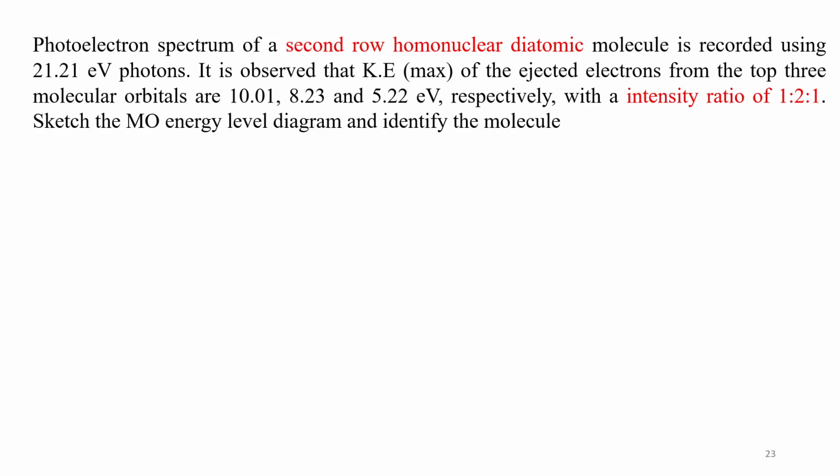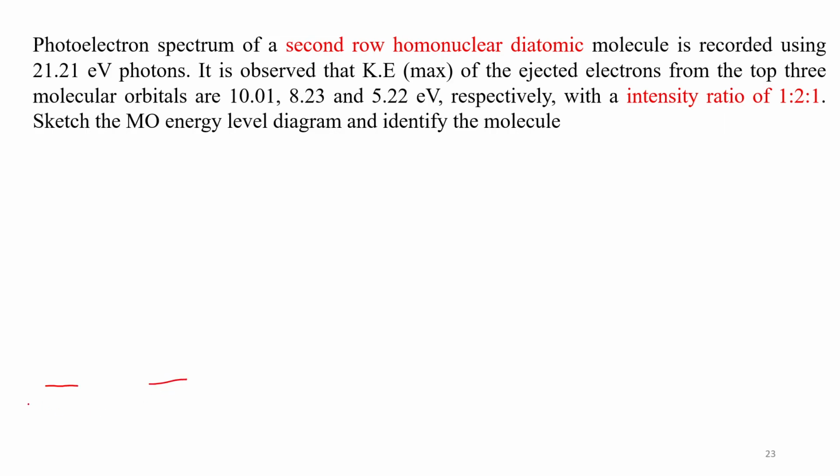From lithium up to nitrogen, the gap between the 2s and 2p atomic orbitals is small, so there is sp mixing. So we have two cases.